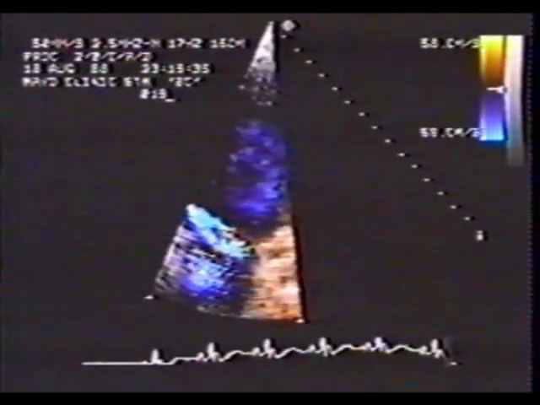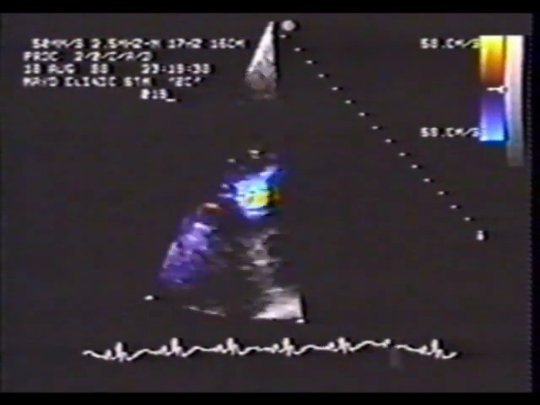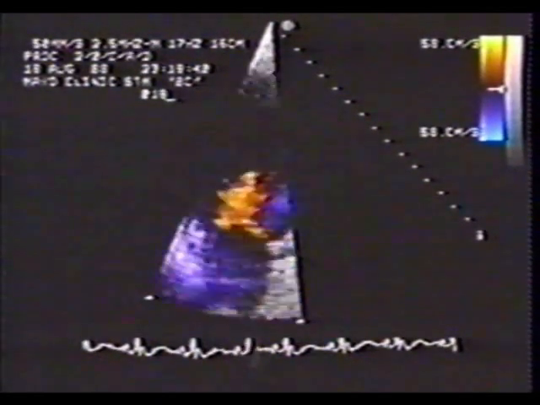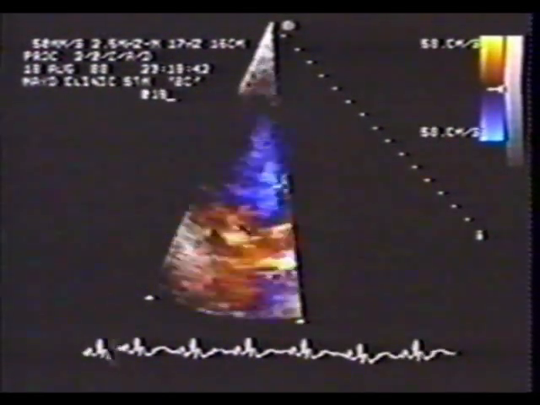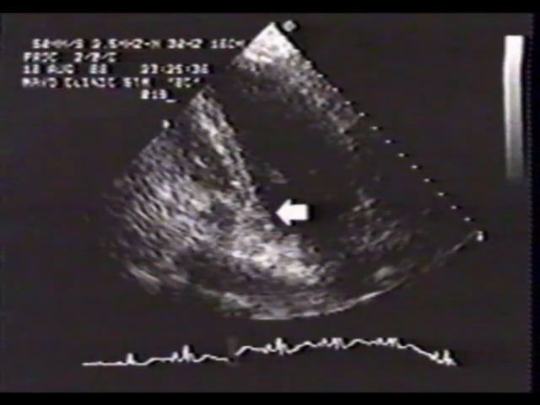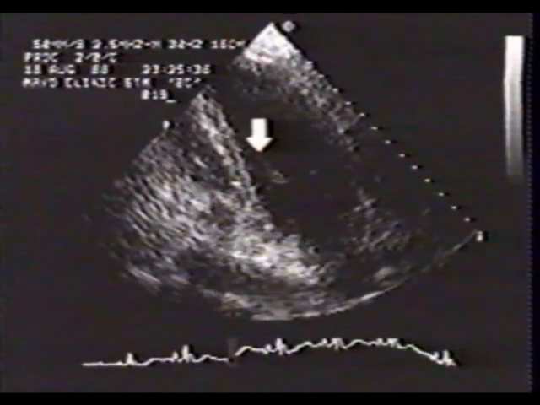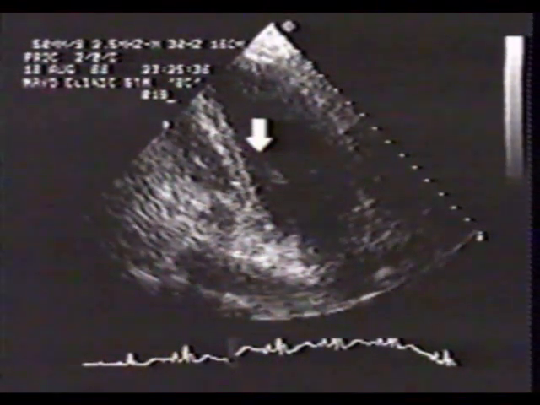The color exam was technically very difficult, although occasional systolic frames showed significant mitral regurgitation. On the apical two-chamber view, the inferior infarct will be apparent in real time. There was an impression that the head of the papillary muscle had completely ruptured from the base, but resolution was poor.